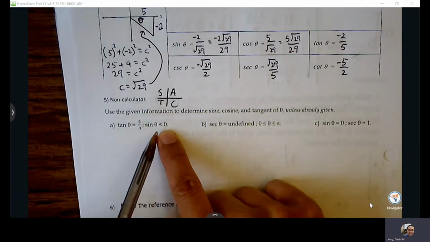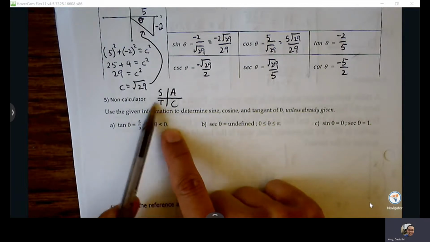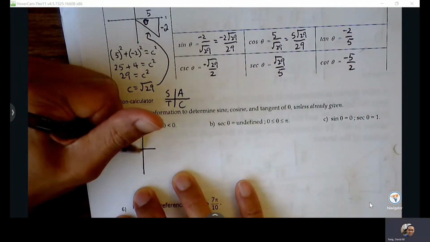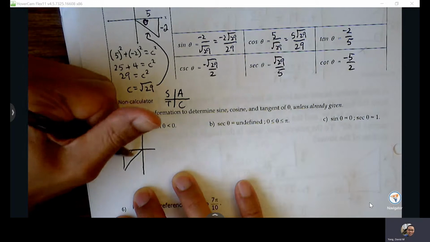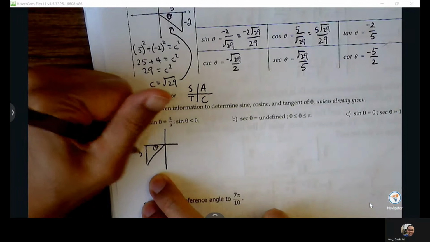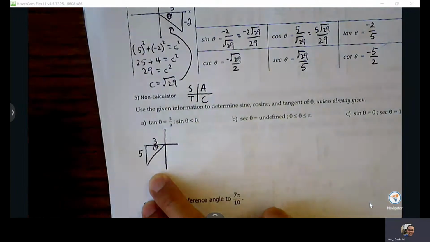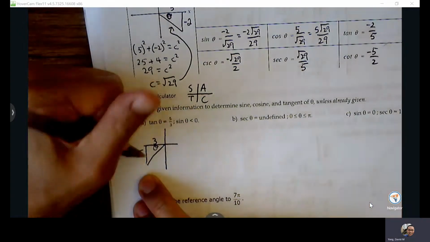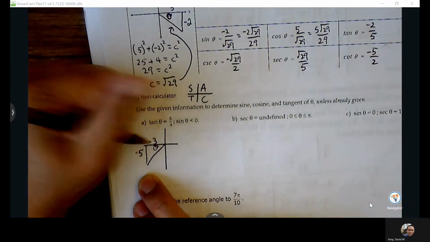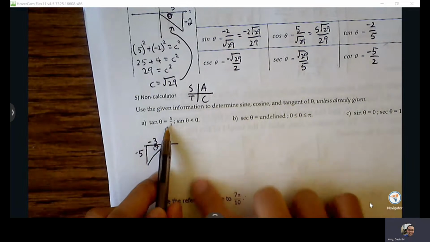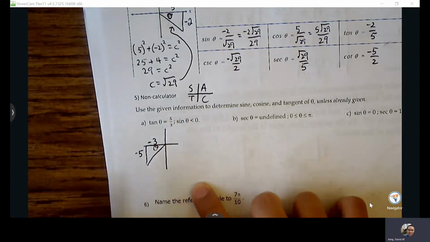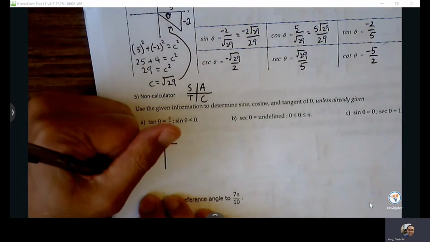Tangent is positive, everything else is negative, sine is negative, that makes sense. Opposite over adjacent. So we're in the third quadrant, so we have to adjust our x's and y's. They're both going to be negative. Negative over negative is positive, so that's why we don't see a negative show up in tangent theta equals 5/3. Okay, Pythagorean theorem, get that hypotenuse.